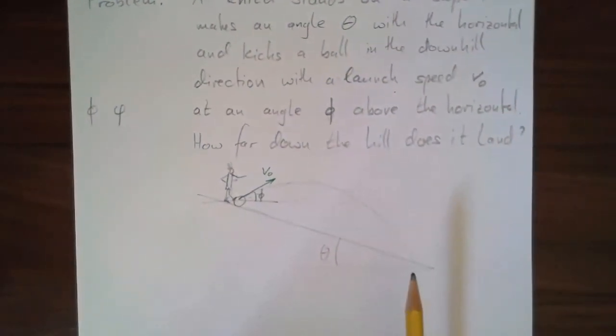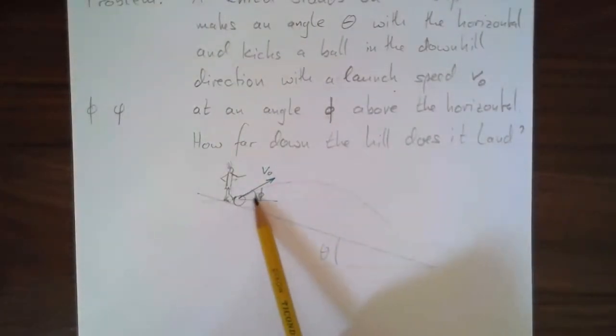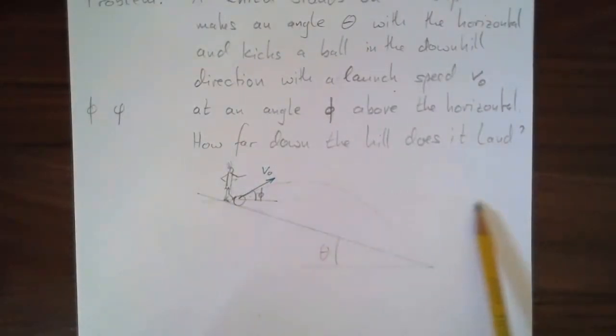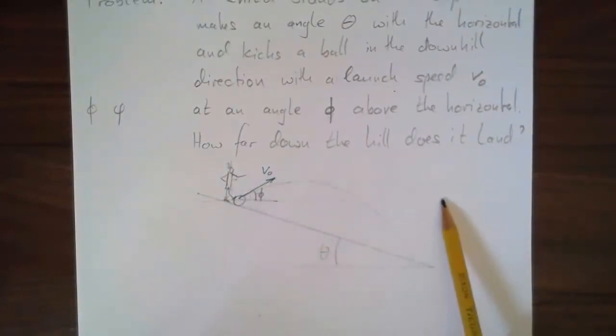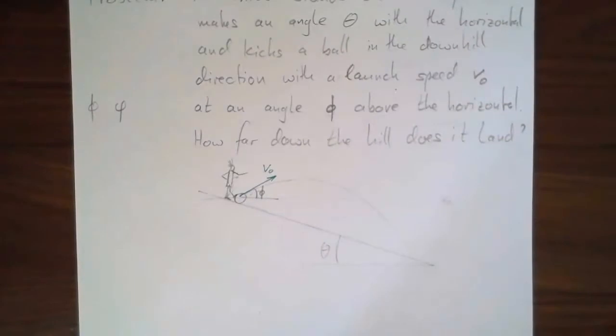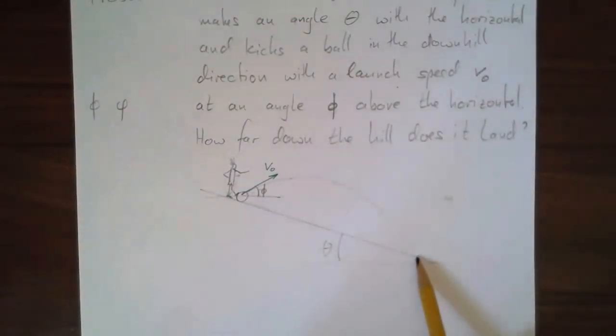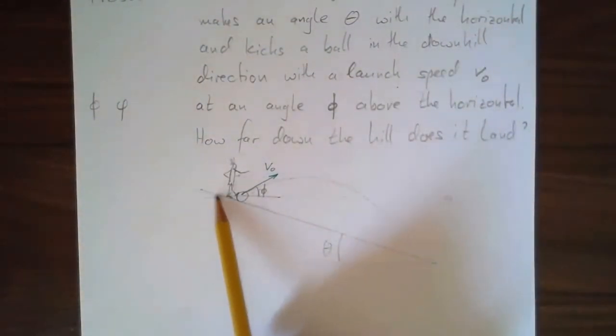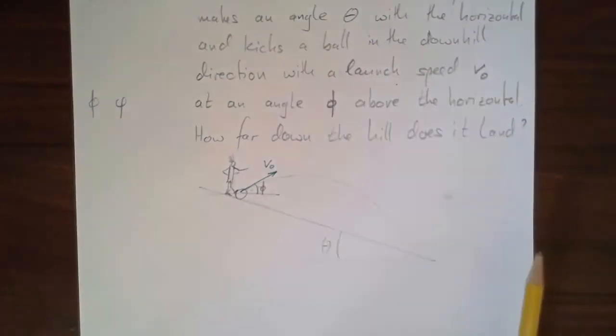The issue is that the ground isn't horizontal. So I'm not asking, how far does it go and end up at y equals 0. I'm asking, when does it end up down here? How can I say that in math? It hits the ground. How can I say it hits the ground if the ground is on a slope?